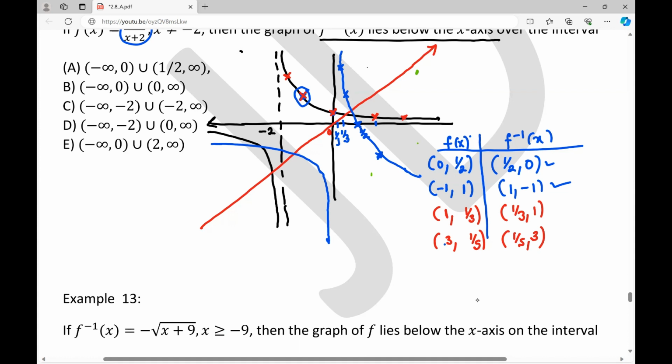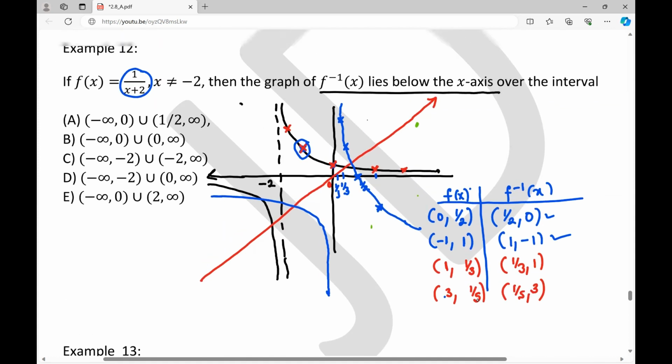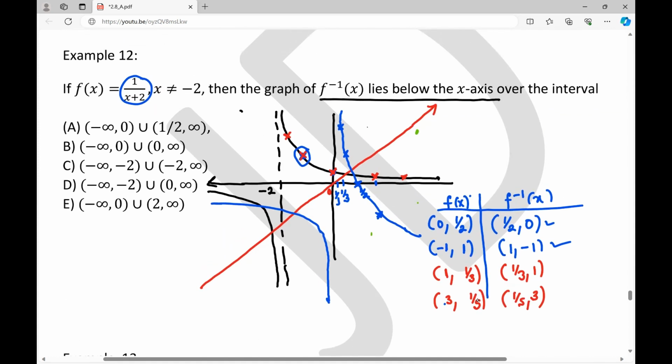So here, what does that mean? If you are interested in the part of F inverse, so the blue one is the F inverse. So what changes? You see now, for the F inverse, the vertical asymptote is what? Is the line x is equals to 0. For the F itself, the vertical asymptote was what? -2.